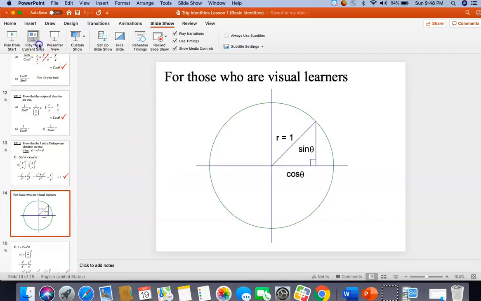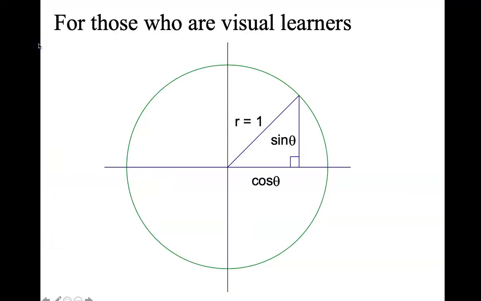If you're a more visual learner, or you like graphs, or if you're like me and you love the unit circle, you could think of it in these perspectives. I'm going to take a unit circle, and again, by definition, a unit circle is a circle of radius 1. If you recall, when I take a point out here, my x coordinate is really the cosine, so this x distance is cosine, and my y coordinate, or this y distance, is the sine on your unit circle.